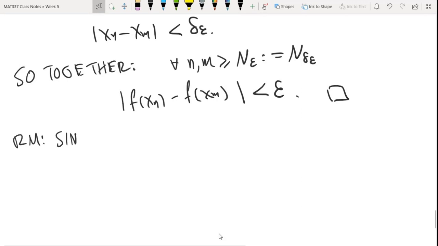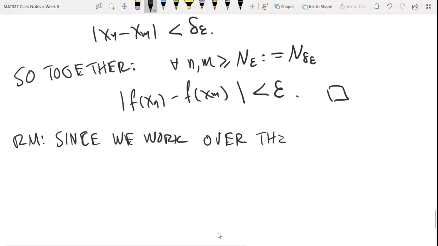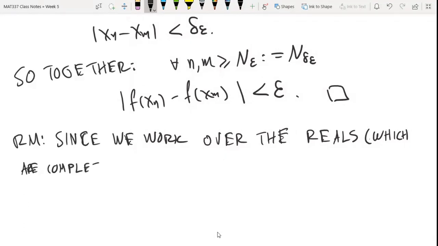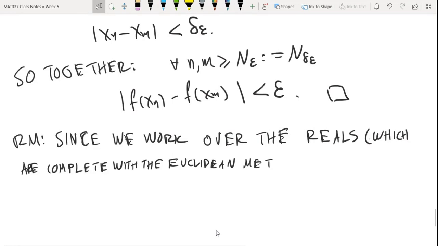Just to make a remark, since we work over the reals, which are complete, with the Euclidean metric, if xn is Cauchy, we talked about this, then xn is convergent.